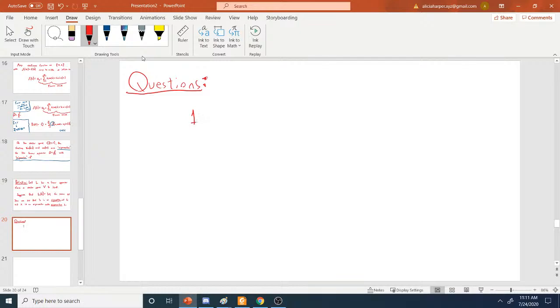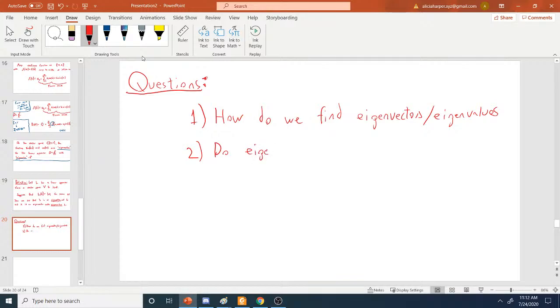So the first question is, how do we find eigenvectors and eigenvalues? Another question is, do eigenvalues always exist?